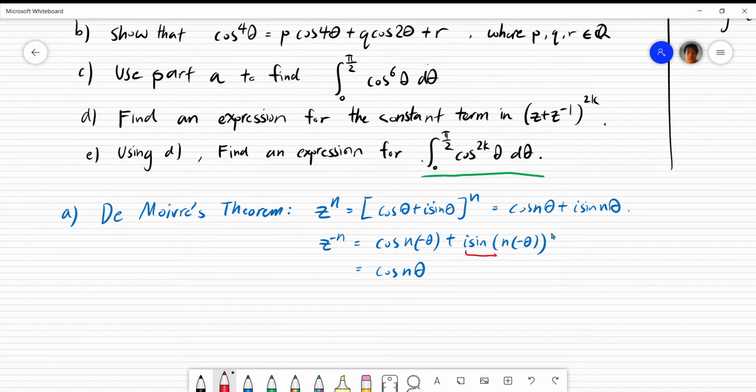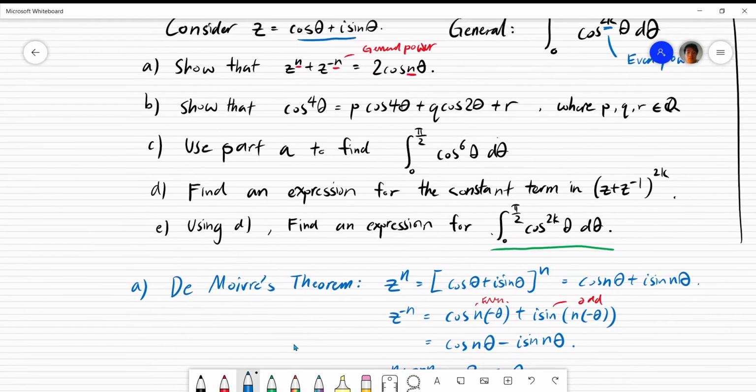So this is equal to negative i sine. So you can just add them up. Therefore z to the n plus z to the minus n equals 2 cosine n theta. That's part A.